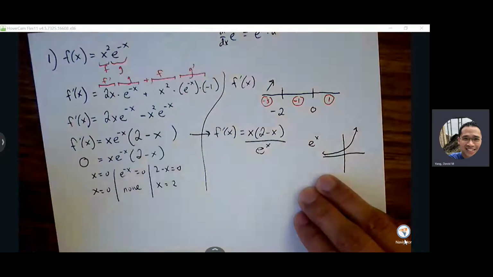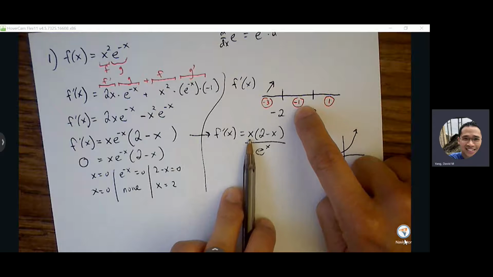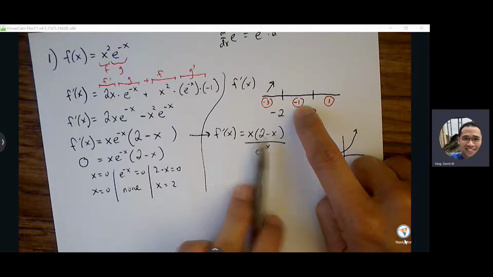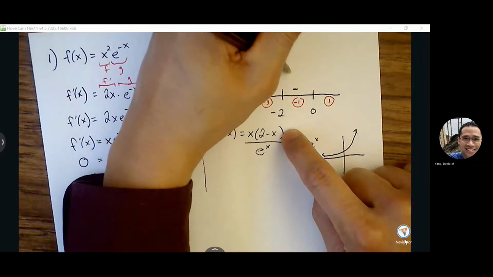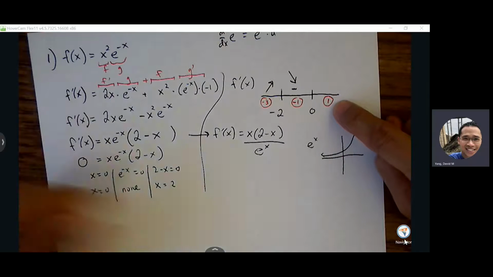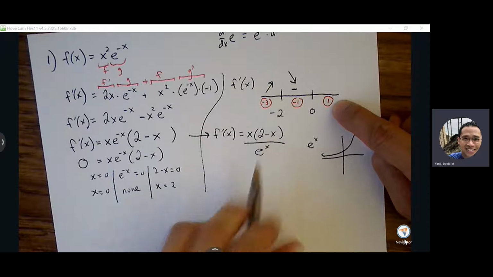Plug a -1 in. 2 minus -1 is positive. Negative times positive is negative. We know the denominator is always positive. We enter 1. 1 times 2 minus 1. Positive over positive is positive.